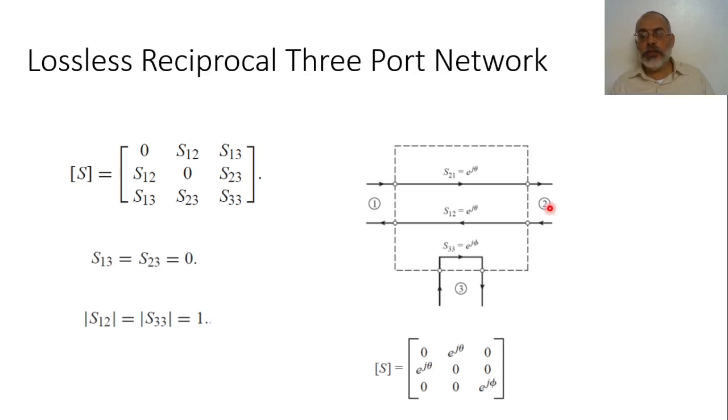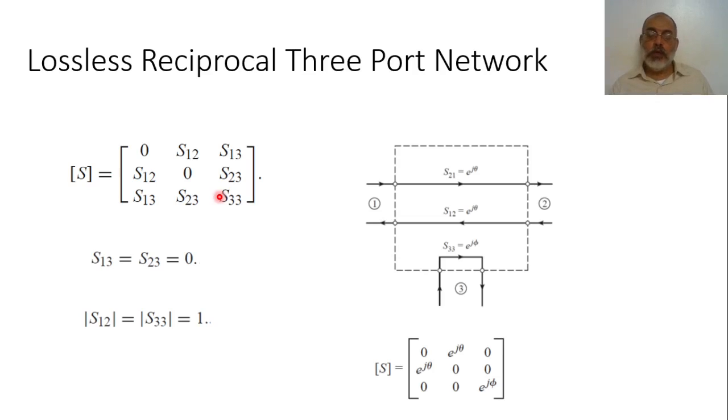Actually, this condition is not a condition for a power divider or directional coupler. So the general lossless reciprocal network, which is matched at port 1 and port 2 and only not matched at port 3, is not suitable for any power divider or any directional coupler.